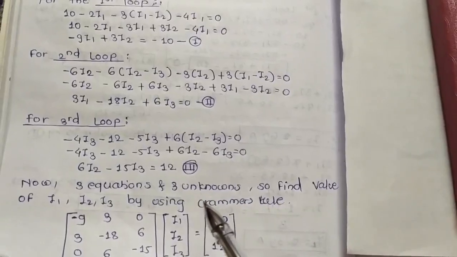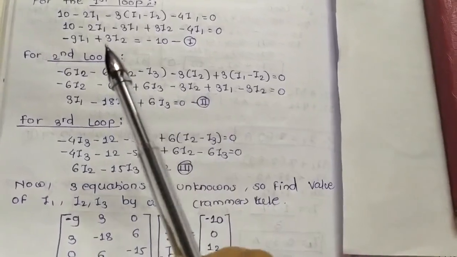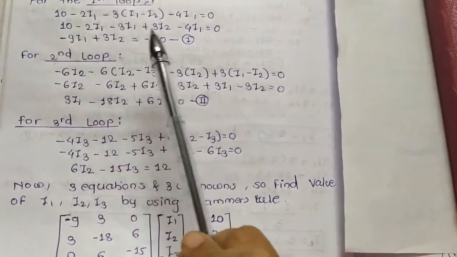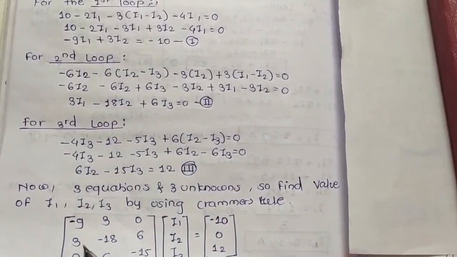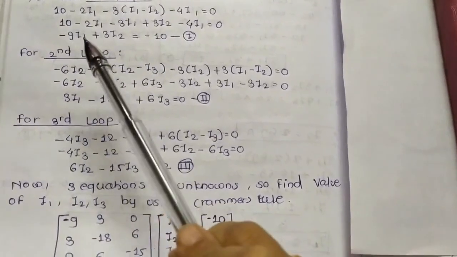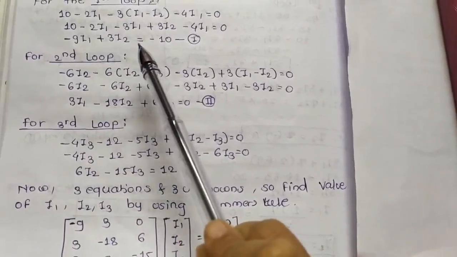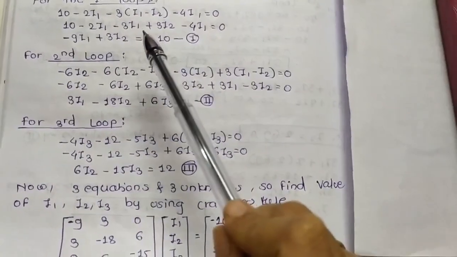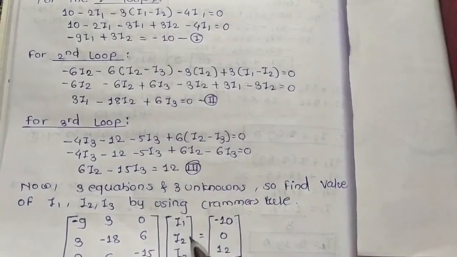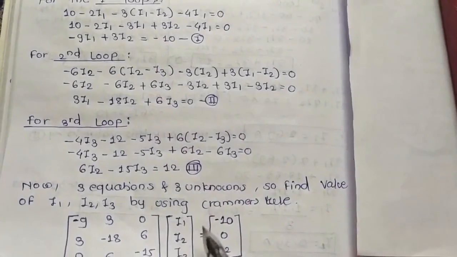We know Cramer's rule. For that we take coefficients and make a matrix. Minus 9, 3 for I1, I2, but I3 term is absent, hence take 0. I1, I2, I3 are the unknown matrix.